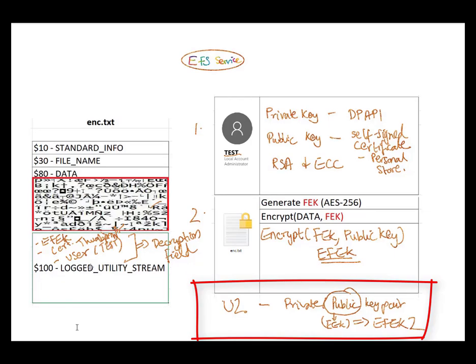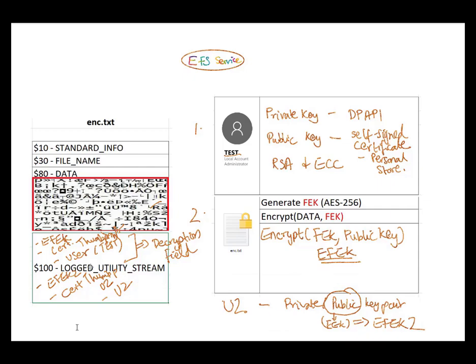Now EFS will add details about user 2 to the logged utility stream. So it will add EFEK2, which is the FEK encrypted with the public key of U2, the certificate thumbprint of U2's public key certificate, and it will have the name of user 2. So there can be multiple decryption fields inside the logged utility stream, depending on how many users have access to the encrypted file.